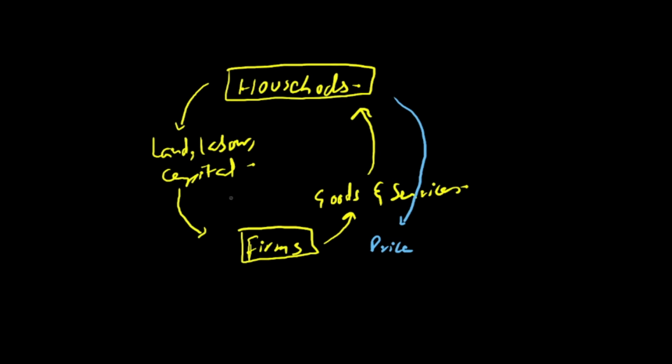Firms got land, labor, capital from the households, so firms will have to pay rent for land, wages for labor, and interest for capital, and money will flow back to the households. So this movement is clockwise. Money moves clockwise, and factors of production and goods and services move anti-clockwise.